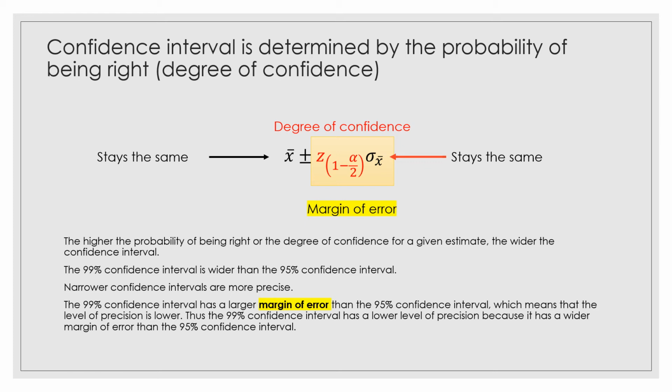And because of that, the 99% confidence interval is wider or larger than the 95% confidence interval. The 99% confidence interval has a larger margin of error than the 95% confidence interval.